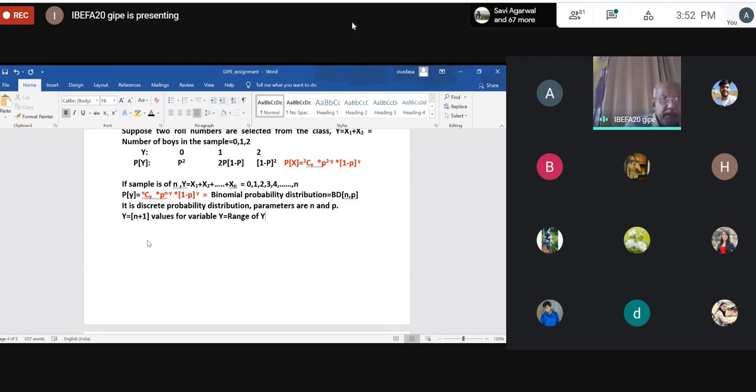Height of a student, is it discrete or non-discrete? Non-discrete. So there can be a non-discrete variable also. There you cannot use the binomial distribution. So we have to develop another probability model.